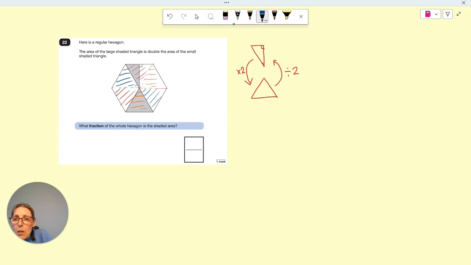So if we're looking at each of these larger triangles, which look like isosceles at least, possibly equilateral, but definitely isosceles, because that side is the same length as that side. We've got 1, 2, 3, 4, 5, 6. So we've got 6 of these, and this part is half of it, isn't it? So I think we've got 12 of these.